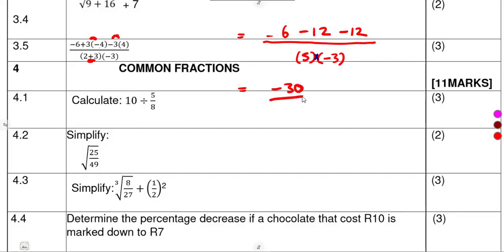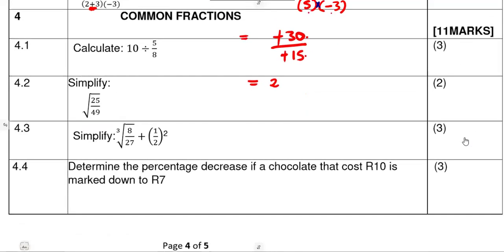So that's minus 30 over 5 times negative 3, which is negative 15. So we have a negative and a negative. This can cancel. 30 divided by 15 is 2. You can even use your calculator there. You are done, just like that.